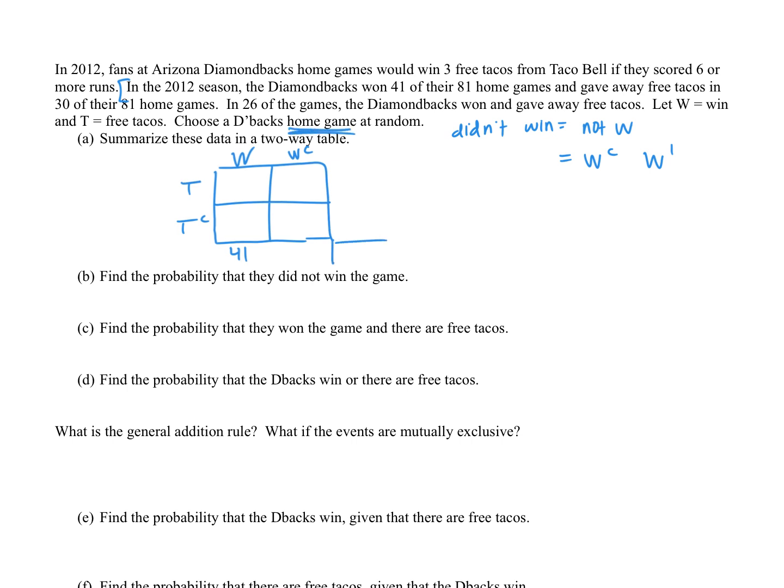So that 81 is the entire total in the table. And then we were told they gave away free tacos in 30 of their 81 home games. So looking at free tacos, in total, that happened 30 times. Okay, and then lastly, it says in 26 of the games, the Diamondbacks won and gave away free tacos. So 26, they won and gave away free tacos, which is this part of the table.